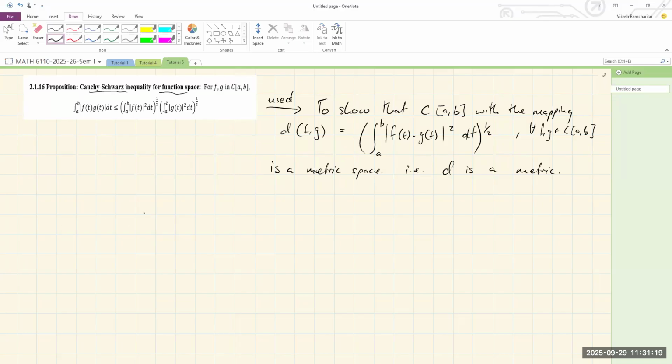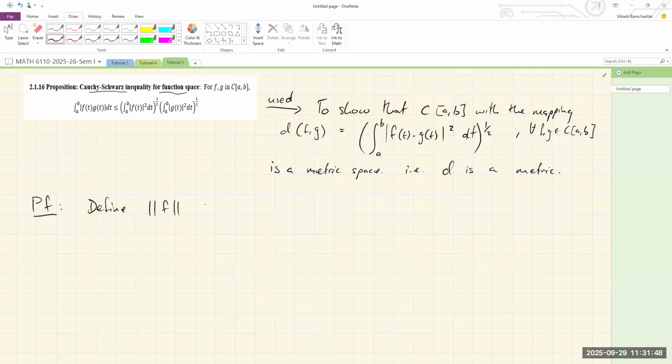Okay, so let's see the proof of this. In the proof, to make writing everything simpler, I'm going to make the following definition. This object will turn out to satisfy all the properties of a norm.